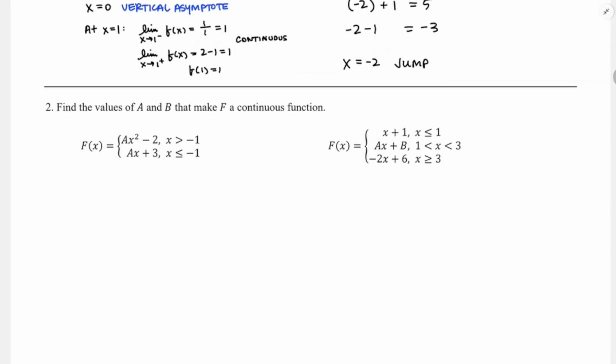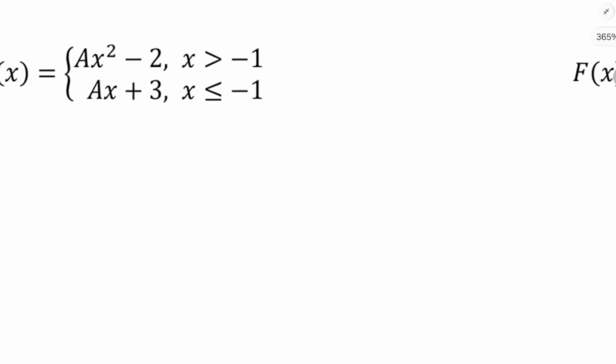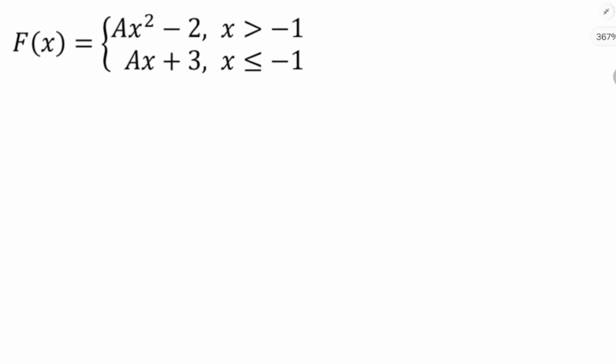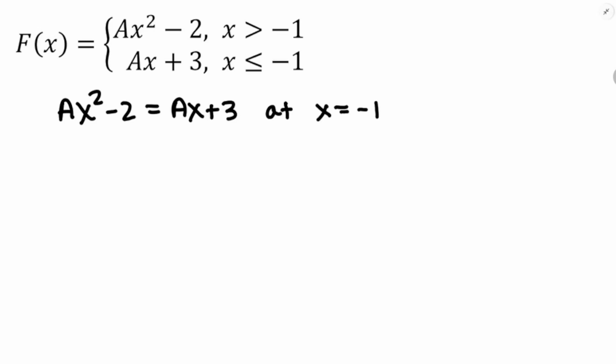Find the values of a and b that make f continuous. This is where we set the pieces equal to each other and plug in the x value that they share. So the first one will be ax squared minus 2 equals ax plus 3 at the point where x equals negative 1.